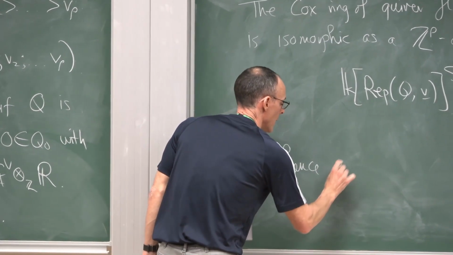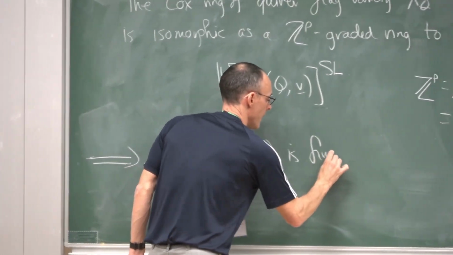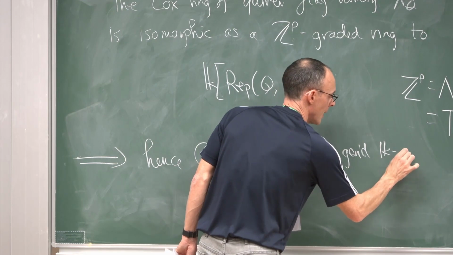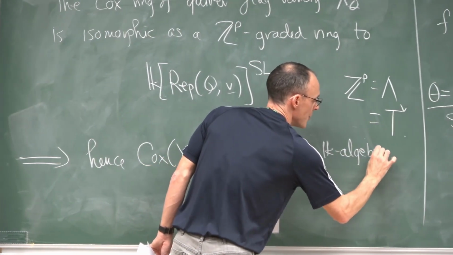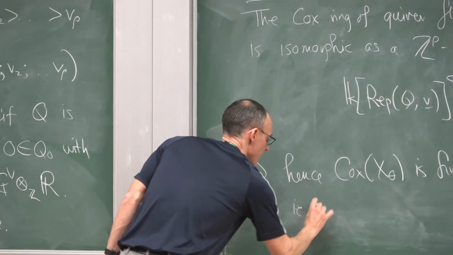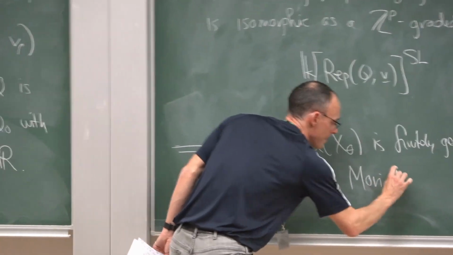So hence, the Cox ring of the quiver flag variety is a finitely generated K-algebra. And so Hu and Keel would tell us that X_theta is a Mori Dream Space.